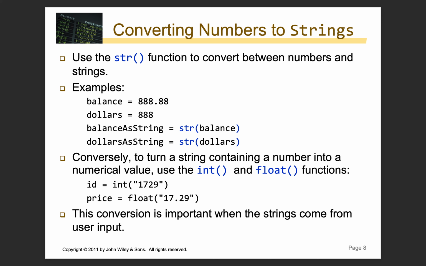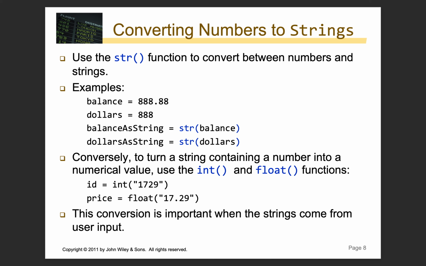So I did mention a couple of slides ago the str function. It casts one data type to another. It casts whatever you give it as input into a string, and we can use that to convert between numbers and strings. So let's say our balance was 888.88. That's a float. Dollars is 888. That would be an int.